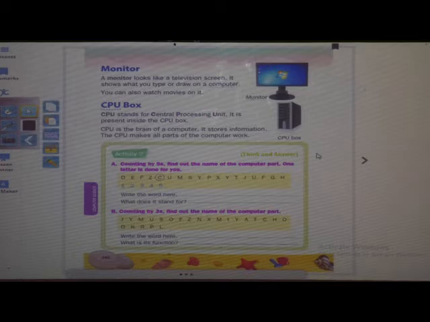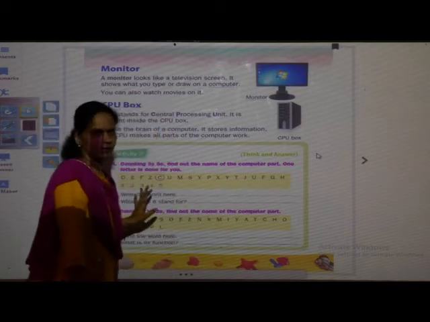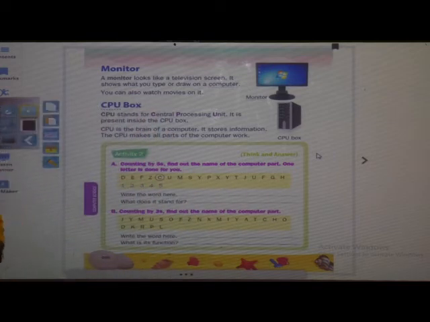Yes. Now we are going to solve the next activity, that is activity 2. It is counting by fives. Find out the names of the computer part. One letter is done for you. Here in these letters there is one part name given, and we have to find it out by counting by fives. I hope you all have learned counting by fives in math subject.